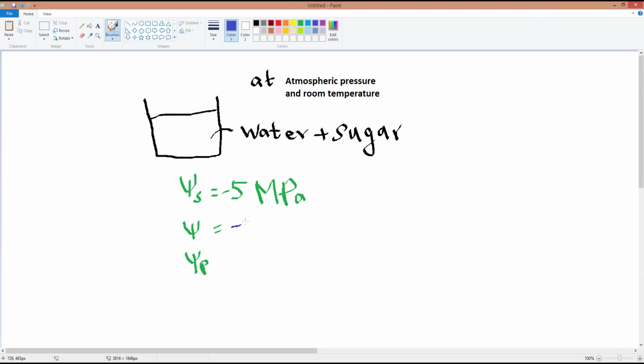The unit should be there in order to obtain the marks. Psi p, 0 what? Megapascal. That one okay? Yes, teacher.